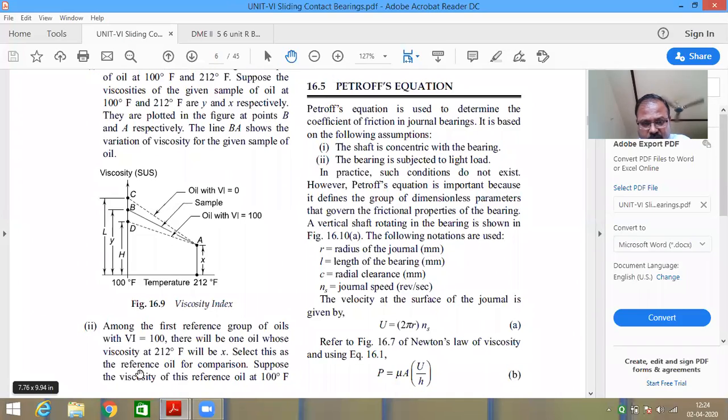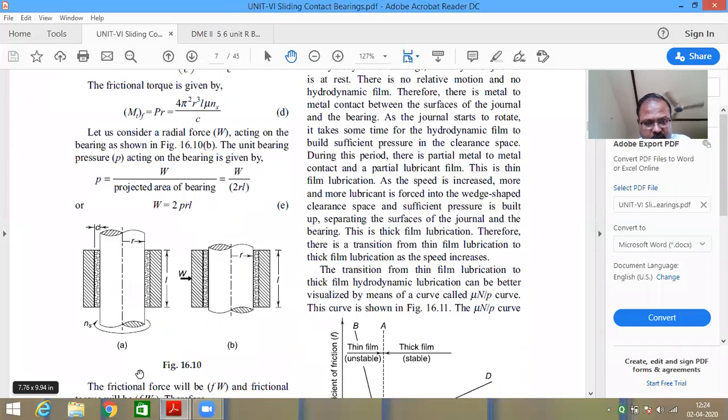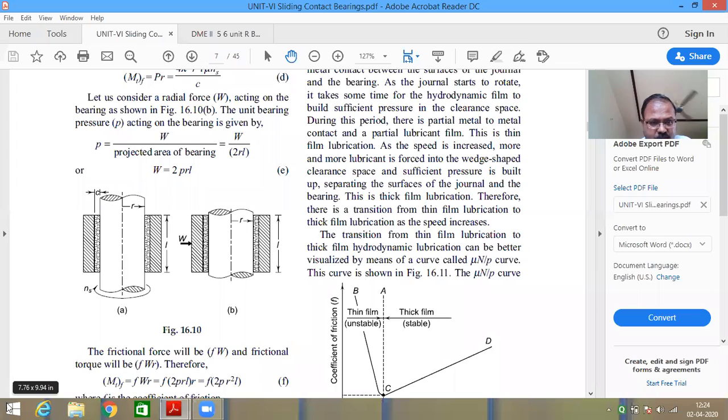A vertical shaft rotating. See here, a figure is given. In this figure, you can see a vertical shaft rotating inside the bearing. This is the bearing, and the clearance is provided, which is filled with what, guys? Lubricant. If I say that capital R is the inner radius of the bearing, and small r is the radius of the journal.